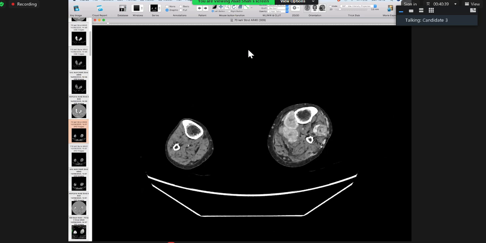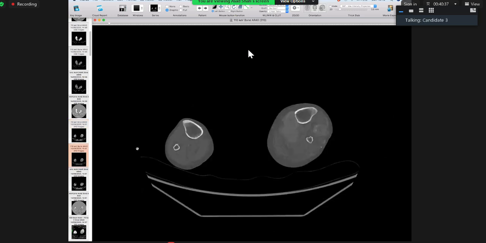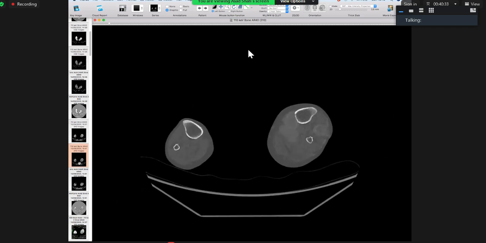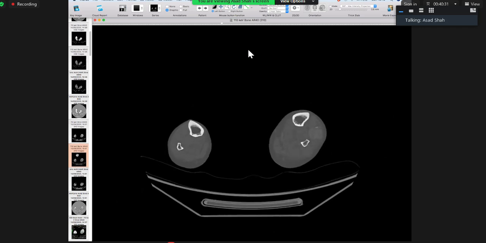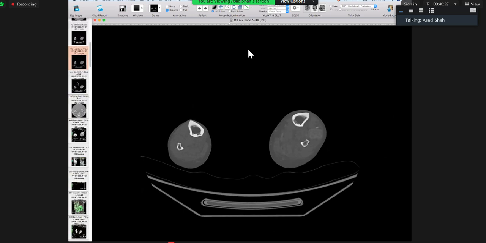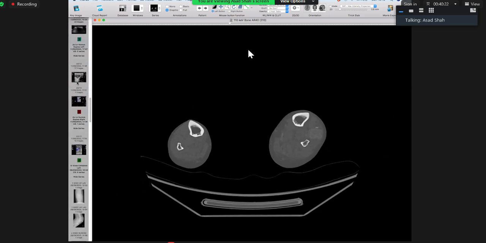Loading up this one. No, I don't have the ankle. Okay, what about if I show you the ankle X-ray?